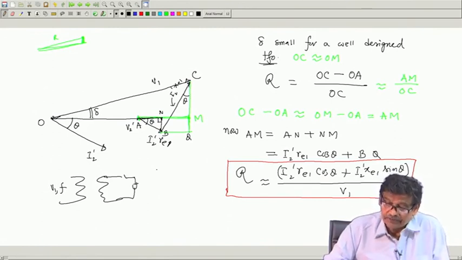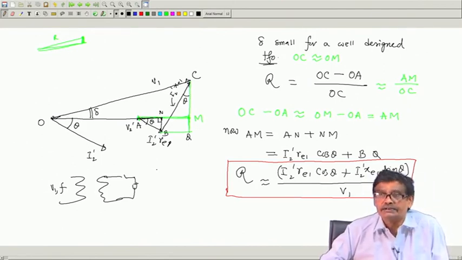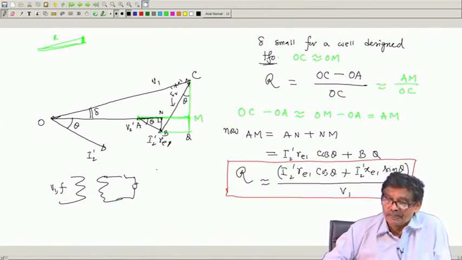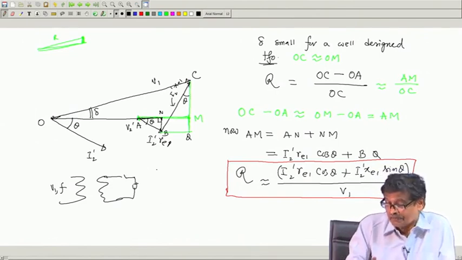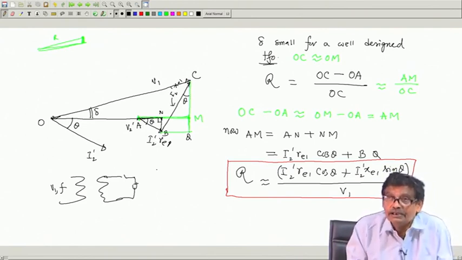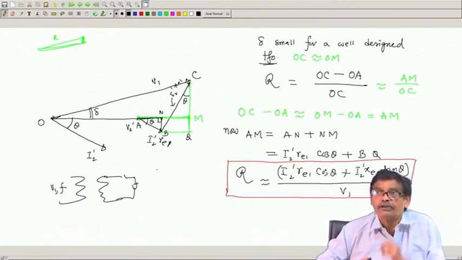This is because the rating of the transformer may be very large, maybe a 100 kVA transformer whose current rating is maybe 100 amperes. So, a 100 kVA load you will require in the lab to find out the regulation at full load at say 0.8 power factor.